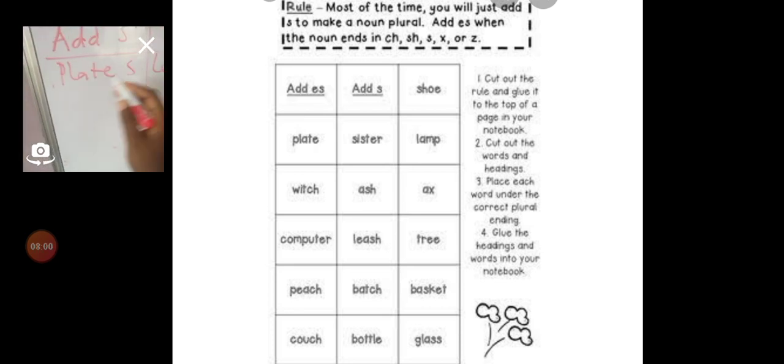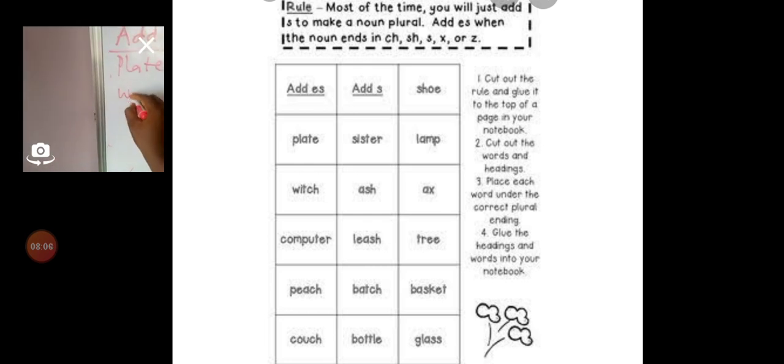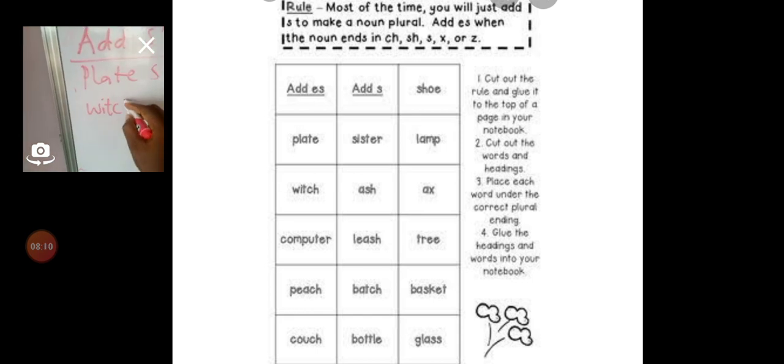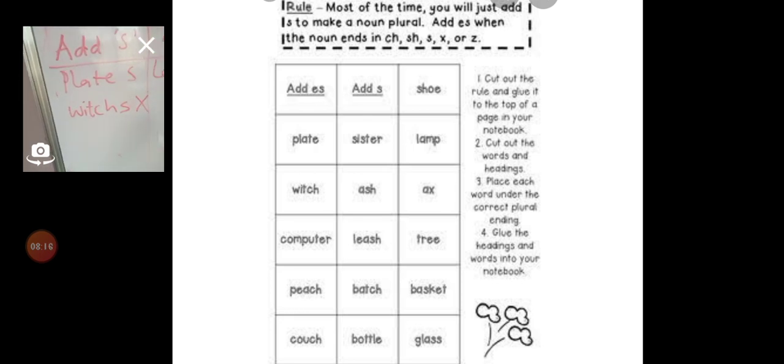You can see that I did not write leash here, because I have to add es to it. Do you understand? Which, excuse me, which, if I add s to this, it is what? Wrong. So my which should come here, and I will add es to it.